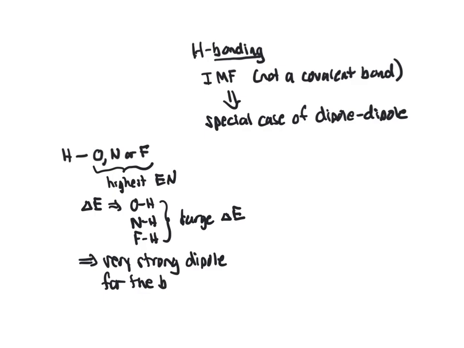So now we're not talking about the dipole moment for the whole molecule, we're talking about the bond dipole moment here. So let's imagine that I have the following molecule, which happens to be methanol. Here I can see that I have a hydrogen connected to an oxygen. That's one of the criteria that I have to have if I'm going to form a hydrogen bond.